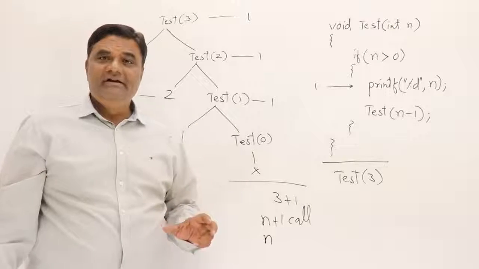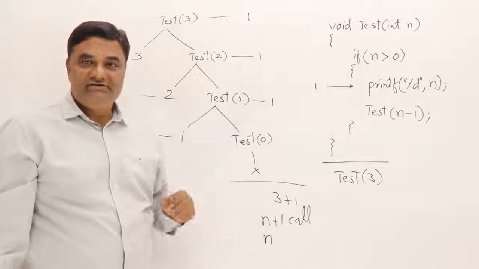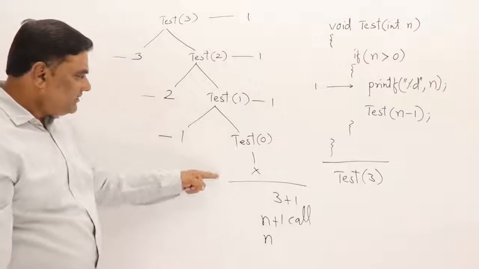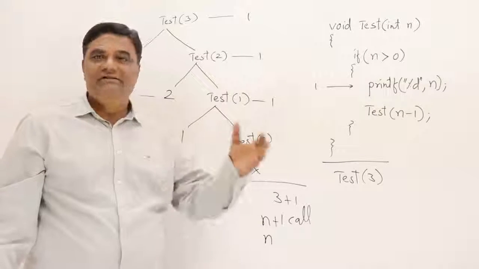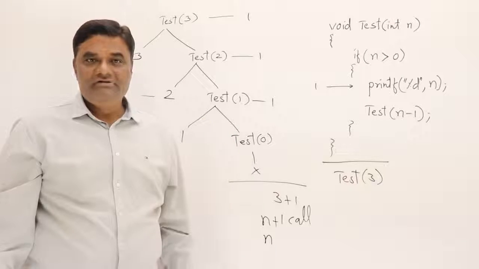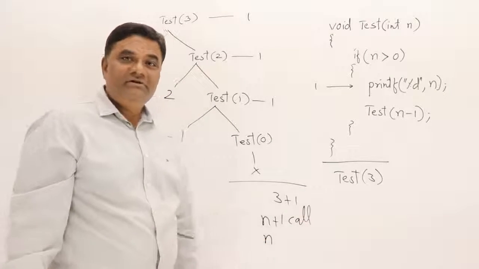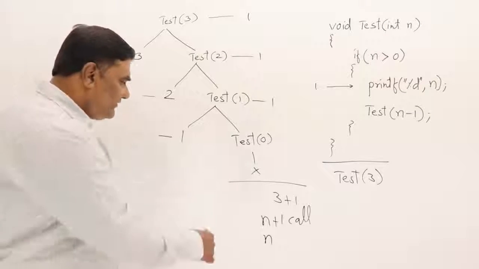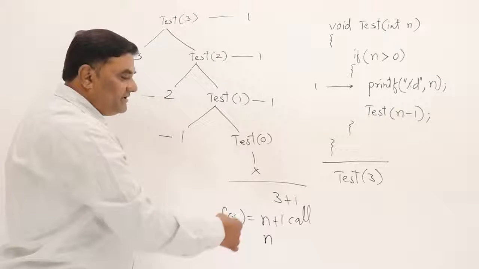If I approximate, the amount of work depends on the number of calls. In the last call it is not printing, just ignore that and say that every call prints. So the time depends on the number of calls, which is n plus 1 for any n. So the time function, if I write f of n, is n plus 1.